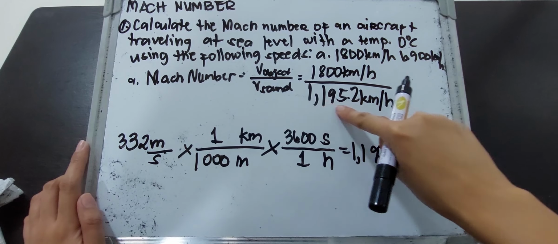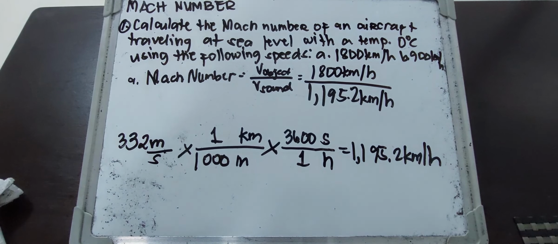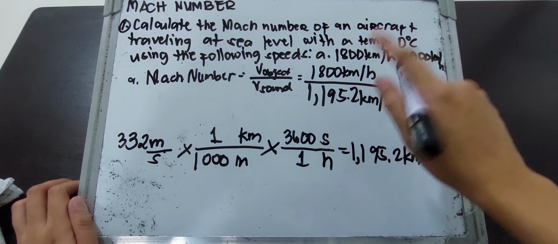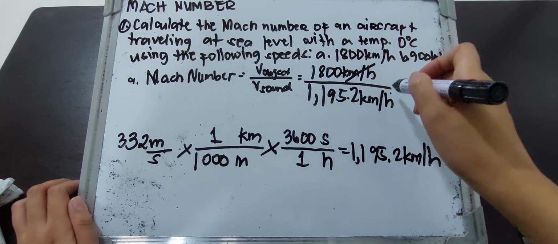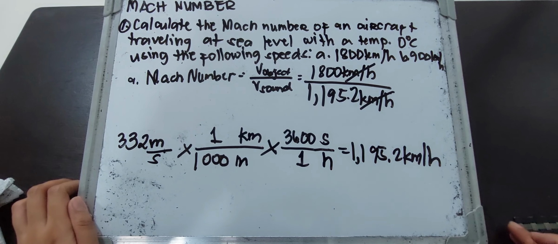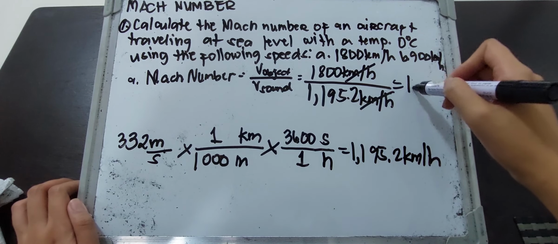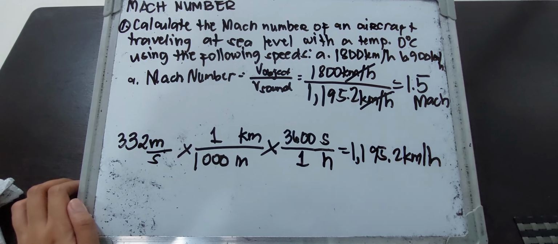So, again, this is the speed of sound in kilometers per hour. So, 1,800 divided by 1,195. We cancel the units because they are the same and we are dividing. So, our answer is 1.5. Our unit is Mach.